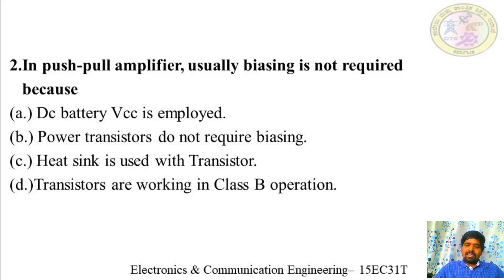When the transistors work in class B operation, the operating point is situated at the cutoff region itself. We are using a class B amplifier, so that's why biasing is not required. The other options: heat sink is used with the transistor, power transistors do not require biasing, DC battery VCC is employed. So the right answer is transistors are working in class B operation.